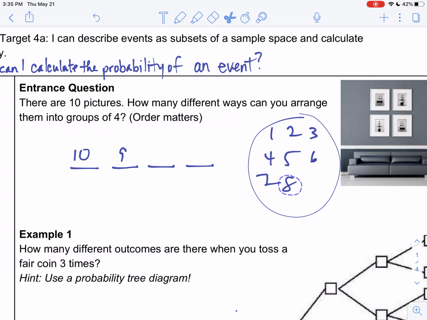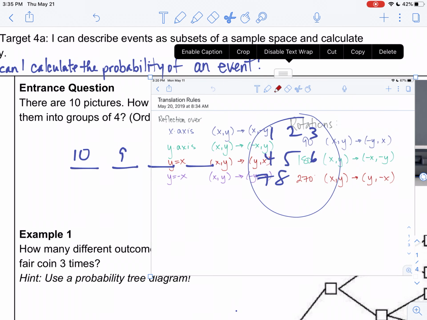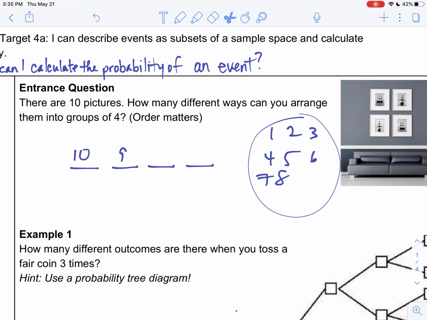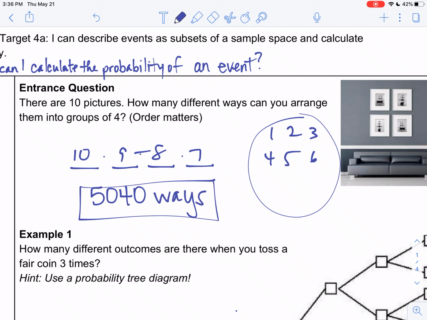And then I have 8 choices, followed by 7 choices. I can multiply all of these together, 10 times 9 times 8 times 7, and there are 5,040 different ways to take 10 pictures and arrange them into groups of 4. And that's what we're going to be talking about today.